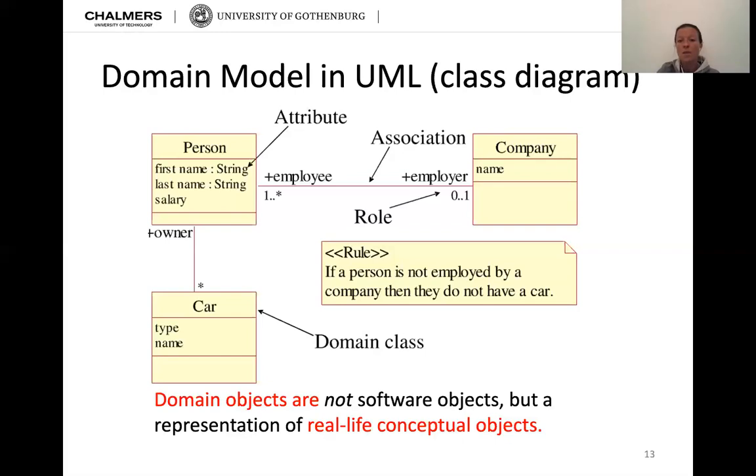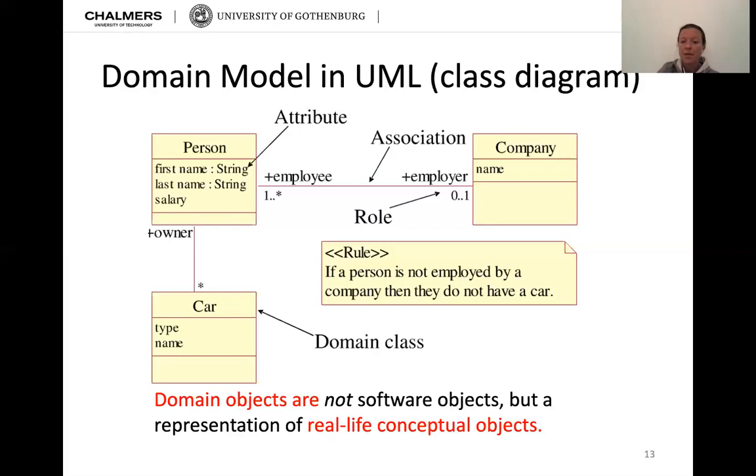And then within the domain class, I have the attributes. So for person, I have a first name and a last name that are both strings, and then I have a salary. And for some reason, the salary doesn't have a data type here yet, so it has not been decided how to represent that.